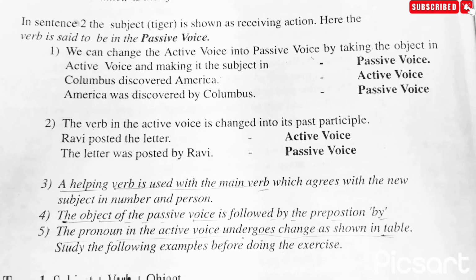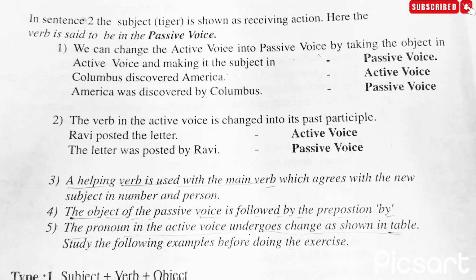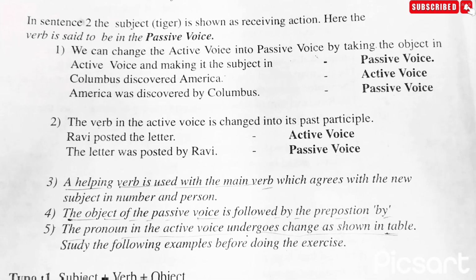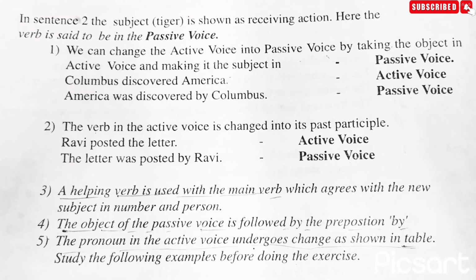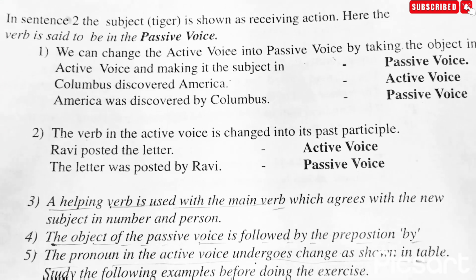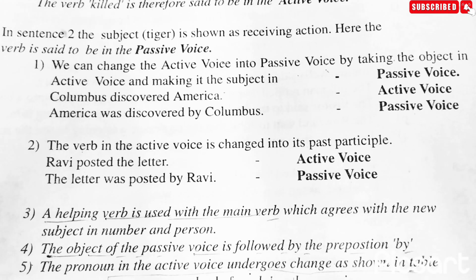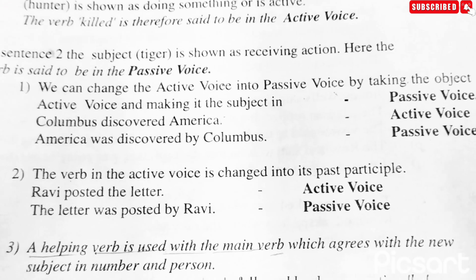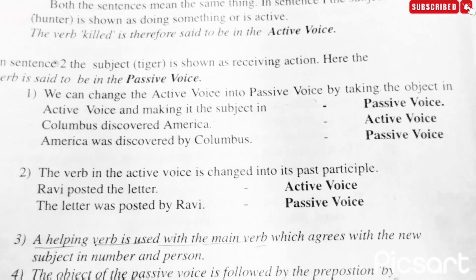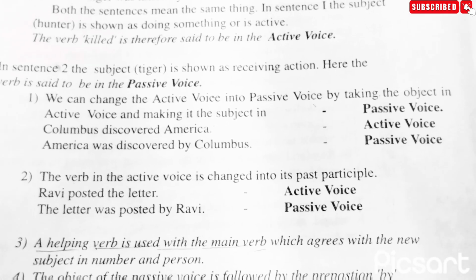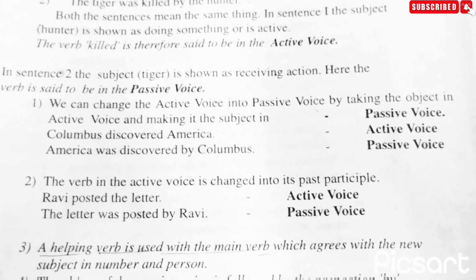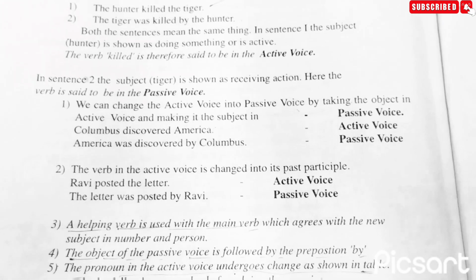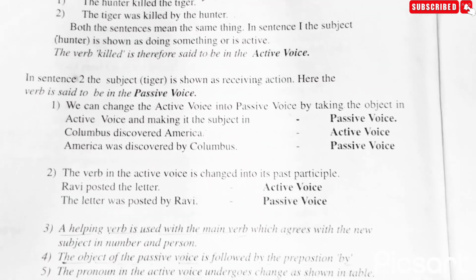We take one more example. Columbus discovered America. Columbus is a subject, discovered is a main verb, America is an object. The object changes into subject: America. The sentence is in past tense, so the helping verb is was.